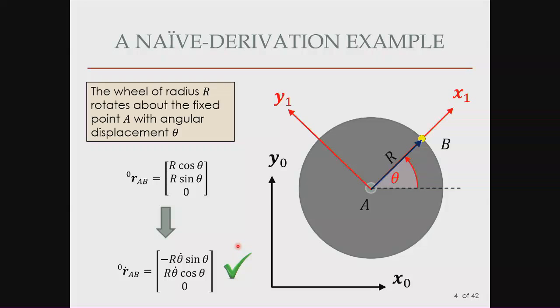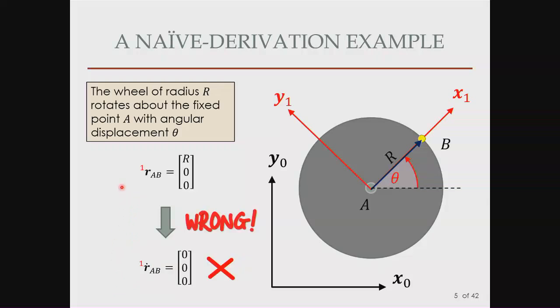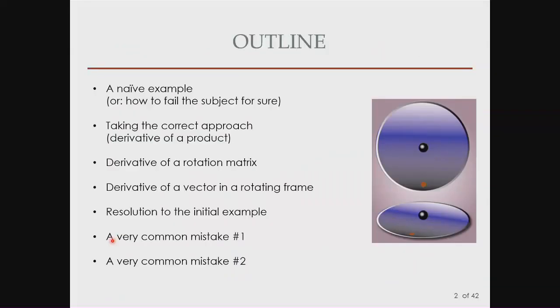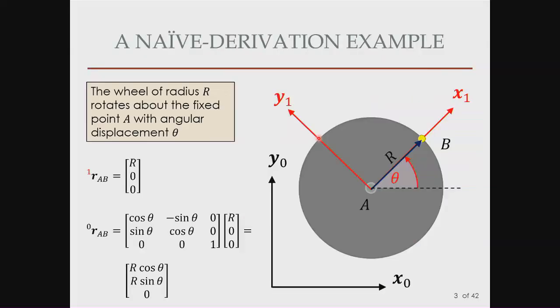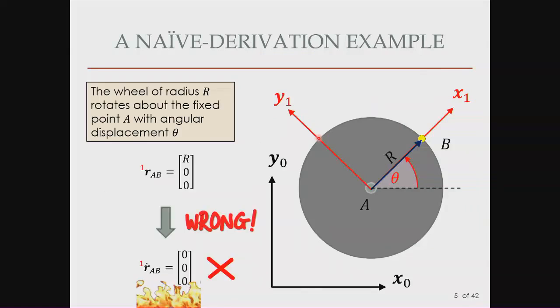This is the absolute position of point B, and this is the absolute velocity of point B in frame 0, expressed in frame 0, and this is correct. If you are doing it in frame 1, this is incorrect. So this is to demonstrate what was here, how to fail the subject for sure. So don't do that.